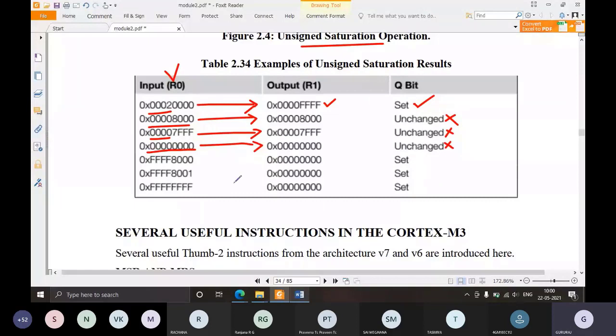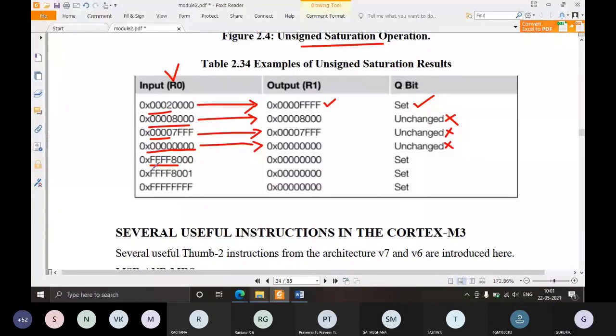Next input value is F followed by 8,000. As soon as you see this value, it is a negative value. F means it is negative, so it will be minus something, like minus 20,000 or minus 30,000.